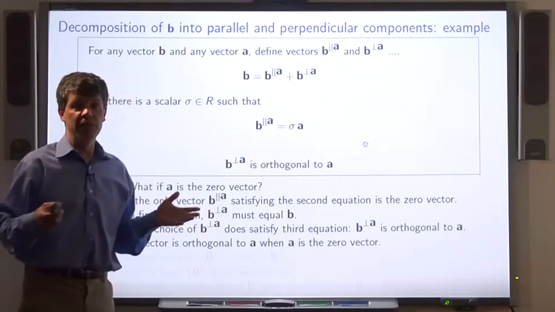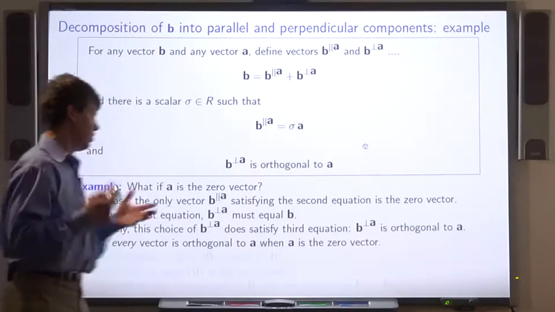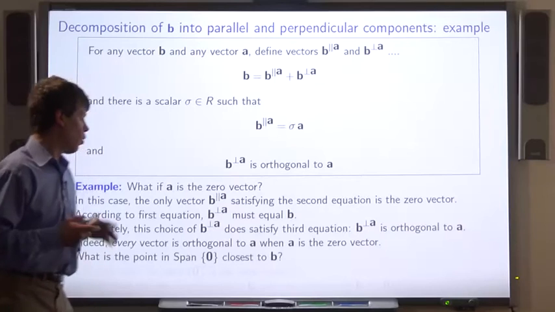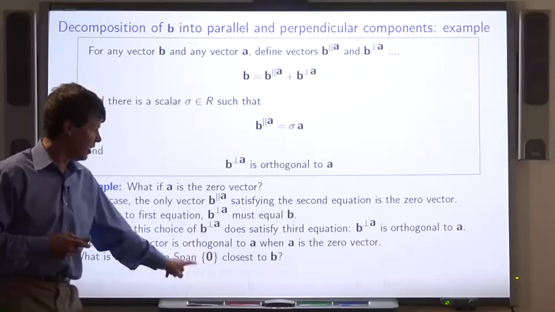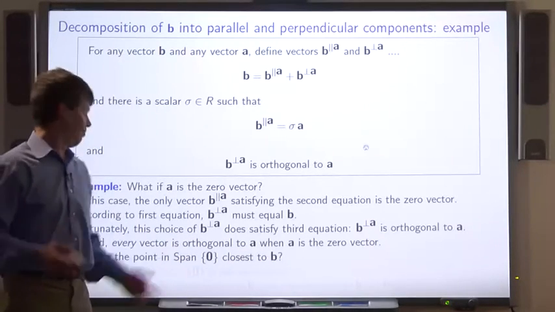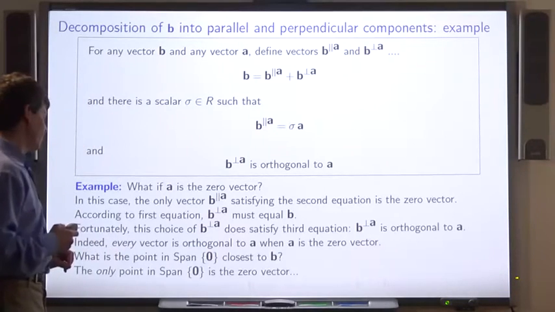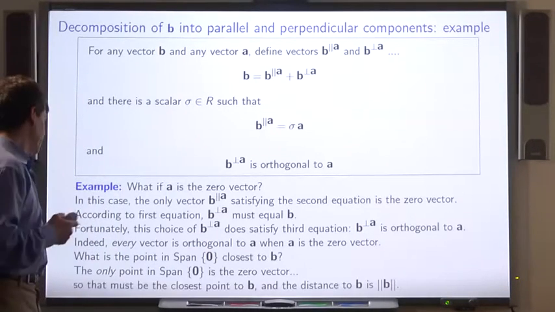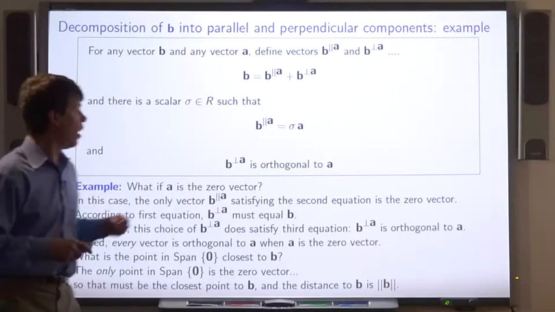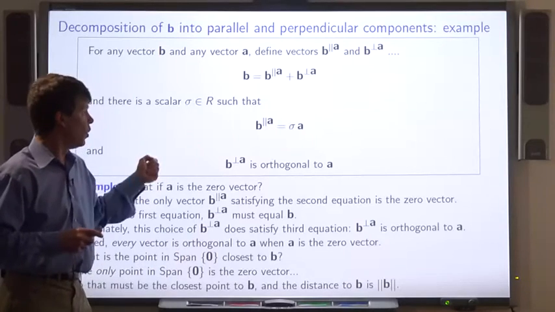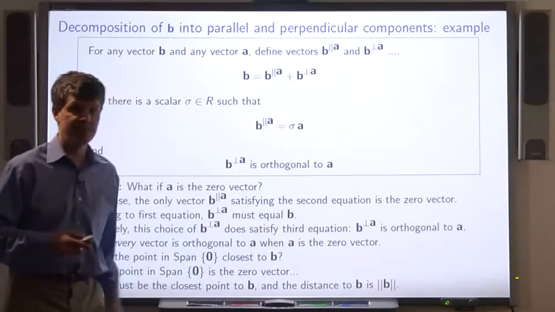So every vector has an inner product of 0 with the 0 vector. Every vector is orthogonal to the 0 vector. Now, what's the point in span of the 0 vector that's closest to B? Well, the span of the 0 vector contains only one point, namely the 0 vector itself. So that has got to be the closest point. And the distance is the norm of B perpendicular. Well, in that case, that's the norm of B itself.